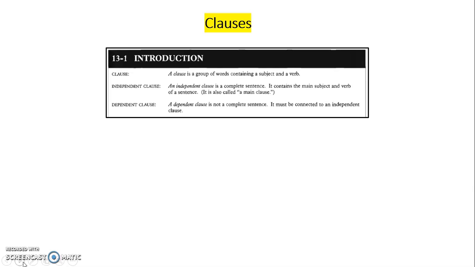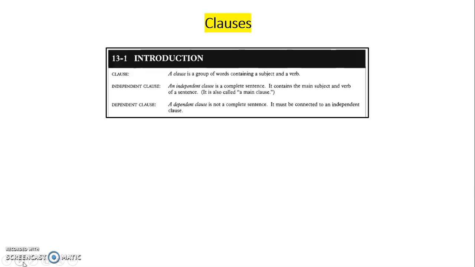So what is a clause? When we talk about adverb clauses, you have to know about clauses. A clause is a group of words containing a subject and a verb. So in a sentence, there is a subject and a verb, and it is called a clause.